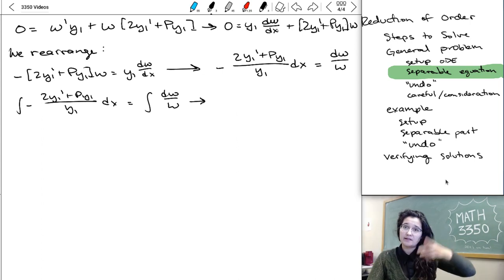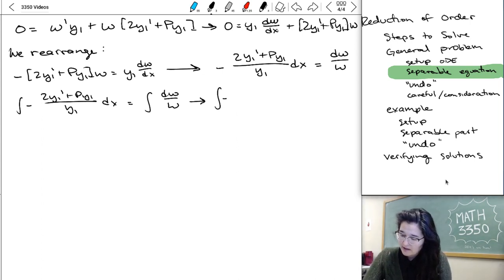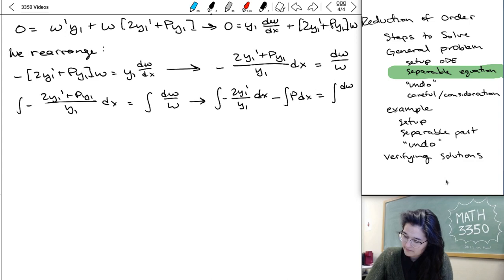If I separate out the fraction on that left side, I start to see a way to make this a little bit easier on myself. dx minus integral p dx. So if that step that I just took wouldn't naturally occur to you, that's totally fine. It's understandable.